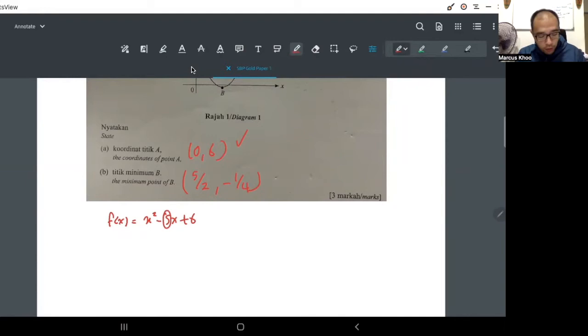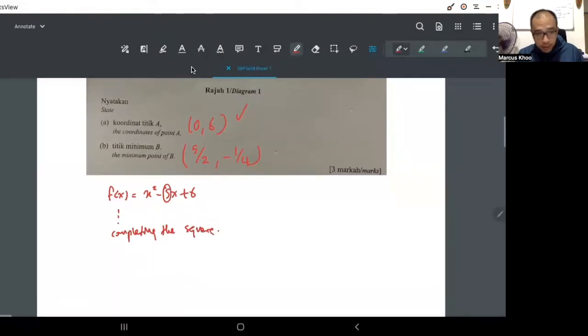So you perform the completing the square steps, and you should be able to get something like f(x) equals (x minus 5 over 2) squared minus 1 over 4.